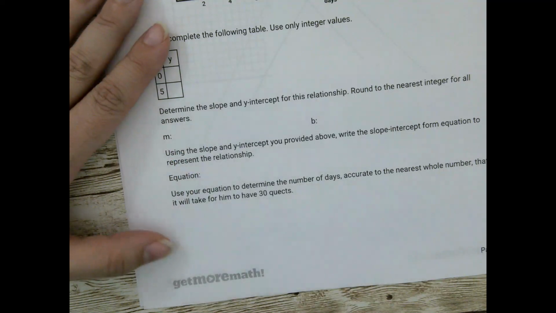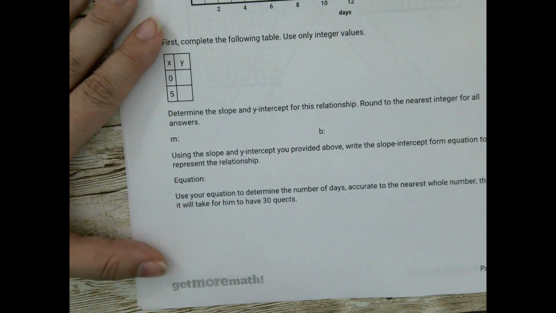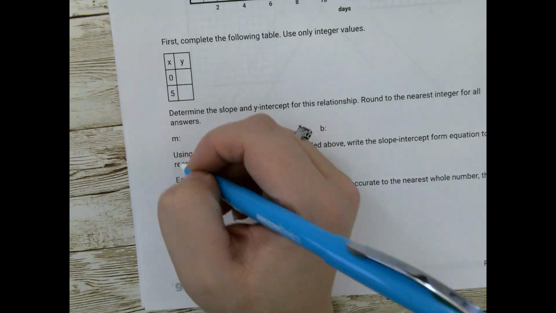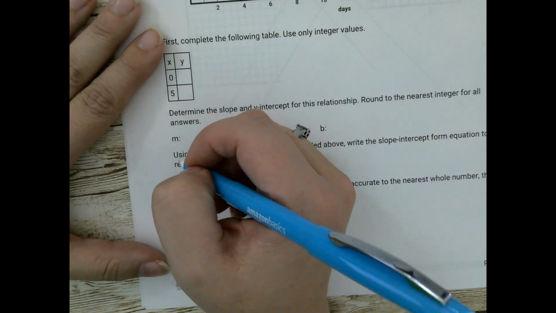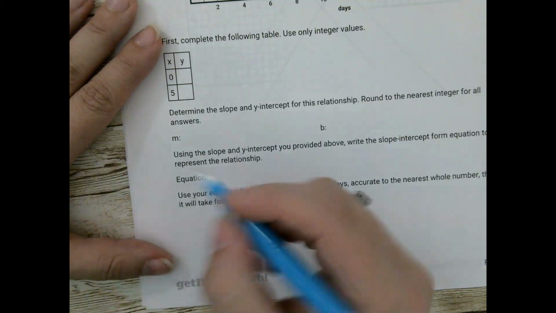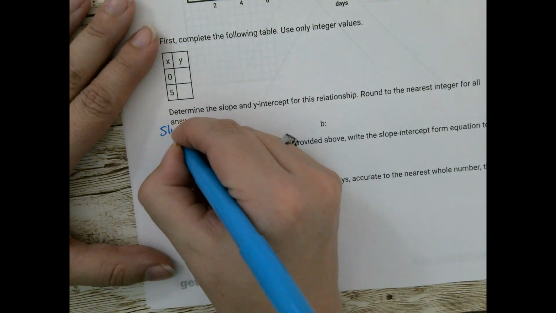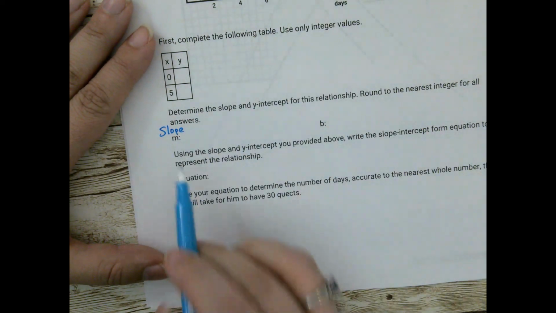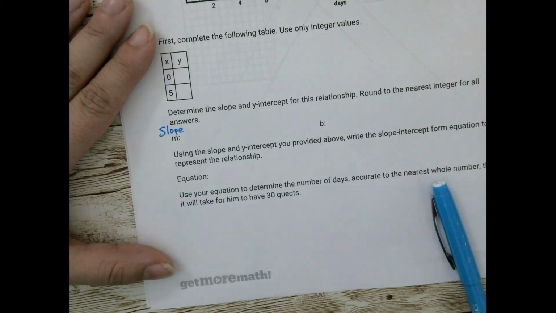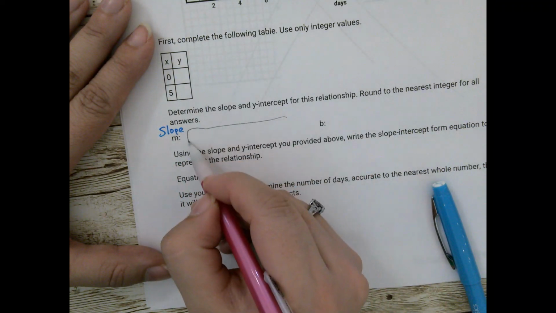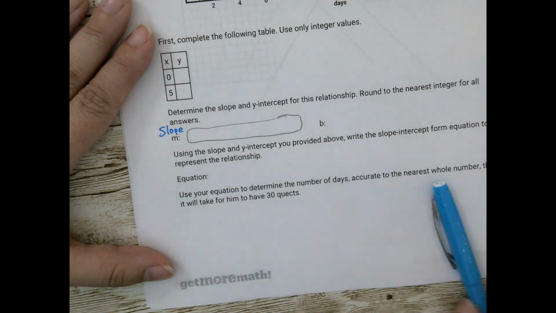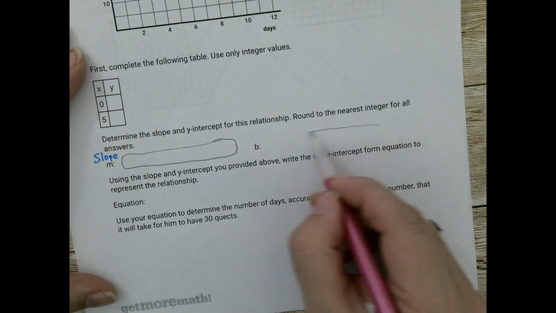So M is what? 15. Well, what does M represent? Slope. Oh, the M. Okay. So in each section there'll be a little box like this, and you have to get each section right.